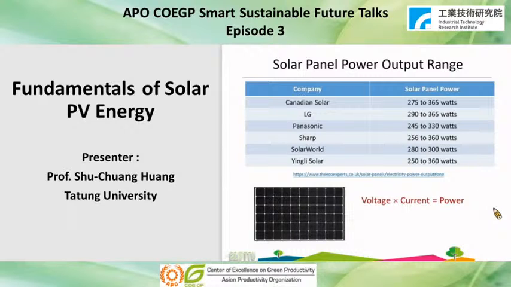If you know the voltage or current generated from the PV cell, you can calculate the power. For example, if you have a solar module that generates 32.5 volt and 8 amp, then you can calculate the overall power generated, which is 260 watts.